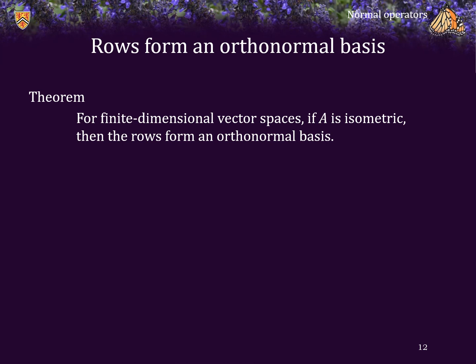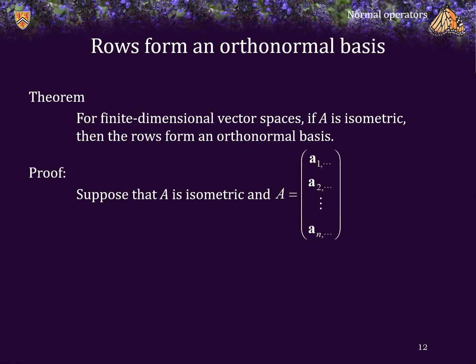Similarly, for finite dimensional vector spaces, if A is isometric, the rows of the matrix form an orthonormal basis. So suppose now that A is isometric and is comprised of these n rows. Okay, now we will use the property that A times the adjoint of A is equal to the identity matrix.